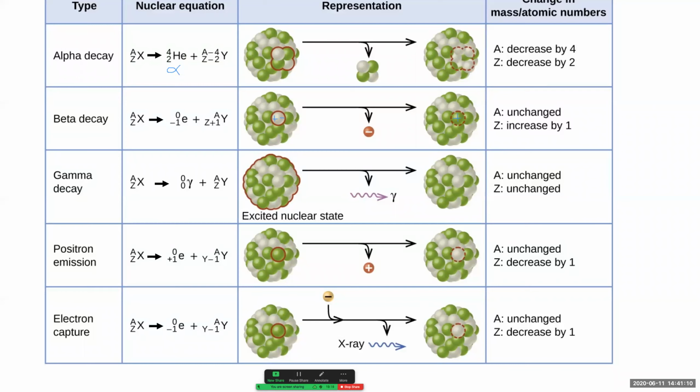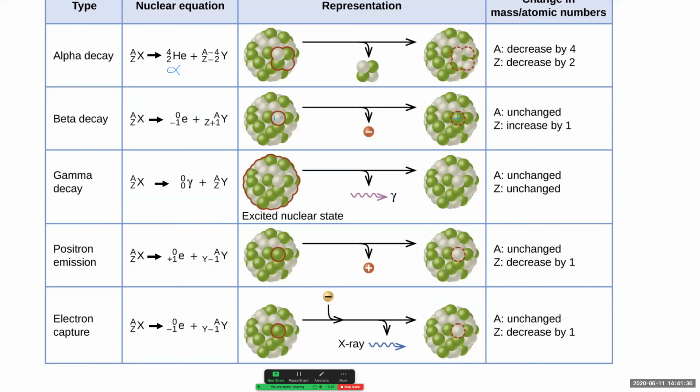And so if you produce more neutrons, which means the Z decreases by 1. So in these last two cases, positron emission and electron capture, the Z, which is the number of protons, goes down. So that means that ratio N over P goes up.